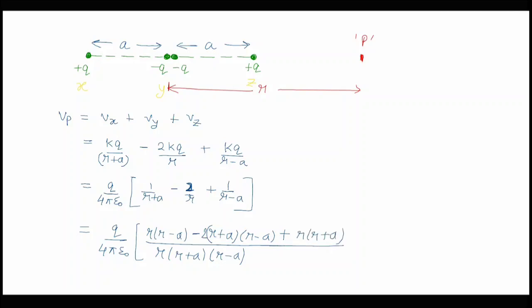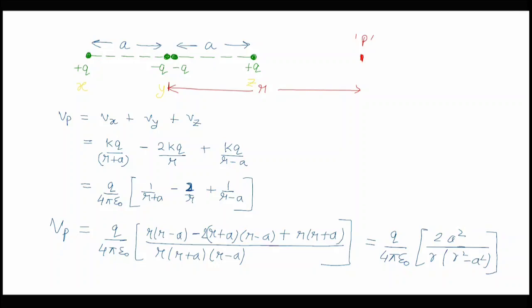This is the expression we obtain while writing potential at a point P. On solving this expression, we obtain q upon 4 pi epsilon naught, 2a square upon r square minus a square.